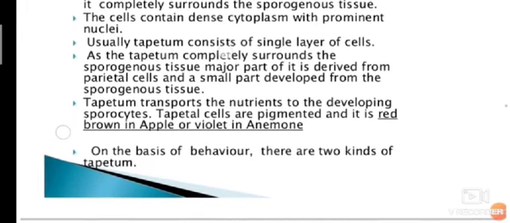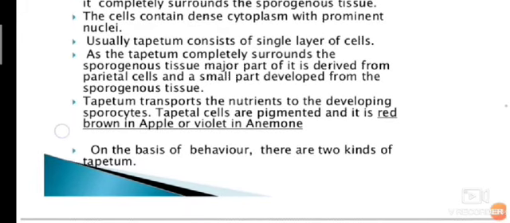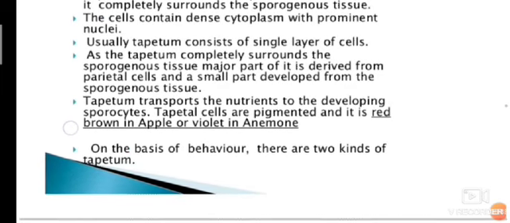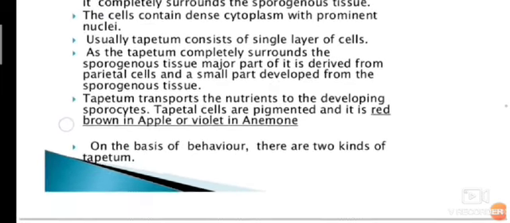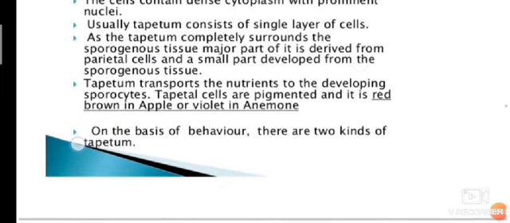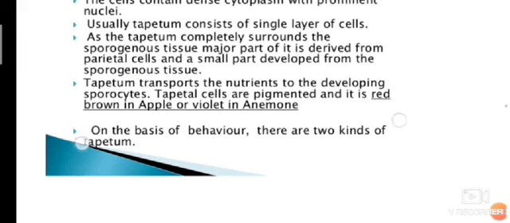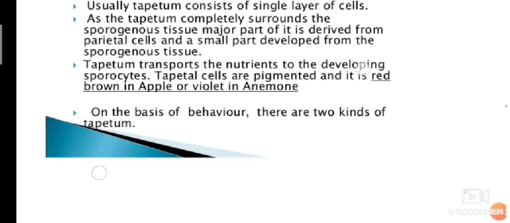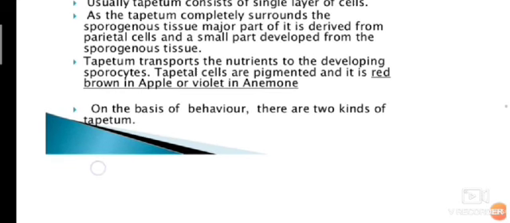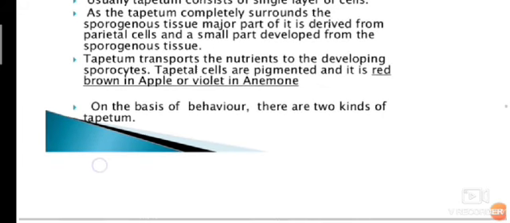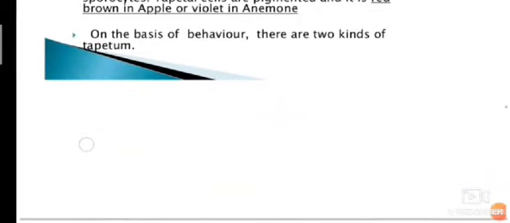As the tapetum completely surrounds the sporogenous tissue, a major part of it is derived from the parietal cells and a small part develops from the sporogenous tissue. Tapetum transports nutrients to the developing sporocyte. Tapetal cells are colored, red-brown in apple or violet in anemone.